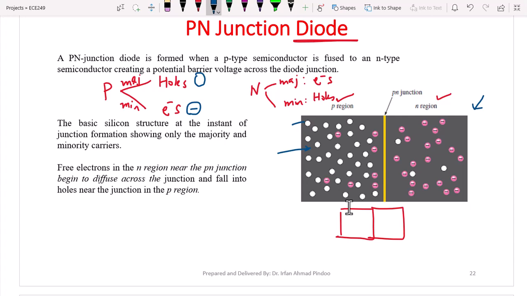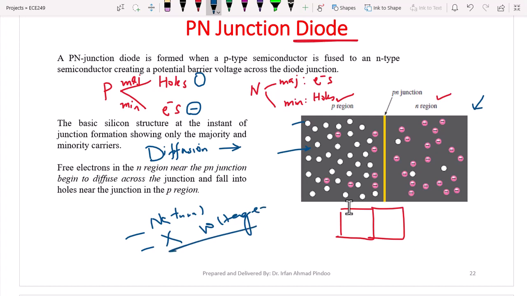The very first thing that happens when you are combining p and n is the diffusion process. And diffusion is a natural phenomenon, for which you don't need any kind of voltage. There is no voltage required for this purpose. And what will be the result? Diffusion means there will be a movement of charge carriers from higher concentration to lower concentration.